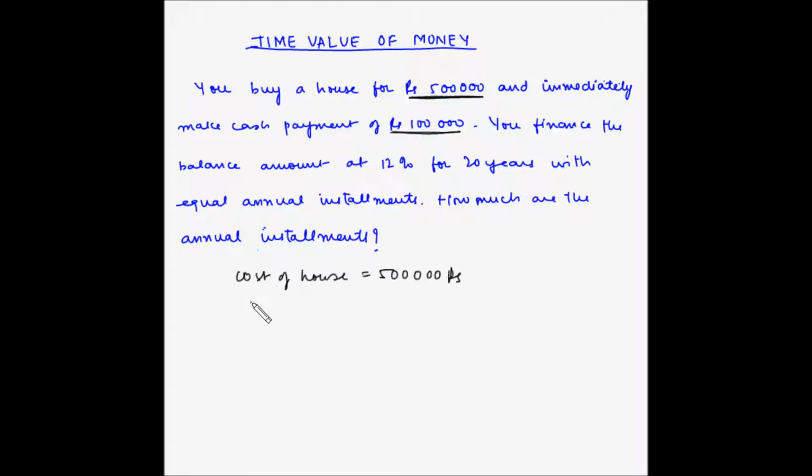Now you have made a down payment or cash payment from your pocket, which is 1 lakh rupees. So the remaining amount is 4 lakh rupees.